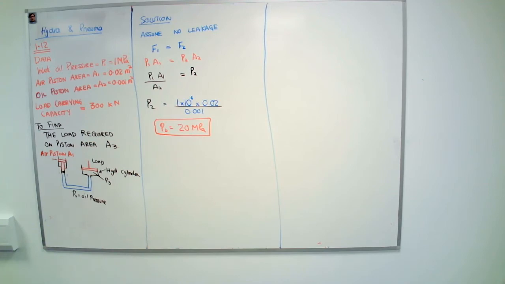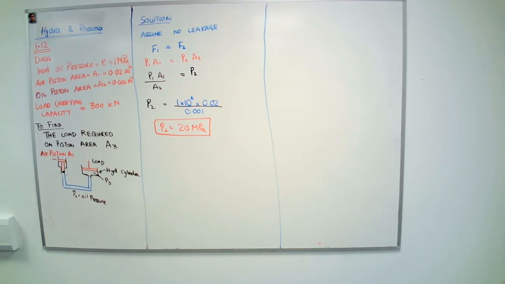Now we need to find out the area 3, the load required on the piston A3, for the same pressure.